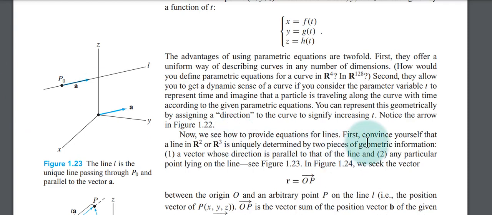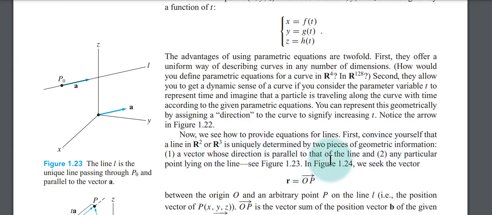Okay, so here they say first convince yourself that a line in R2 or R3, and here we have R3, and maybe we have a line here. So they're saying a line in R2 or R3 is uniquely determined by two pieces of geometric information.